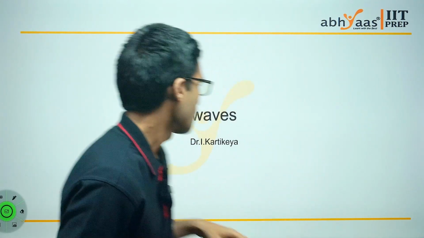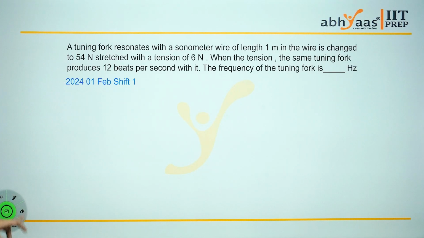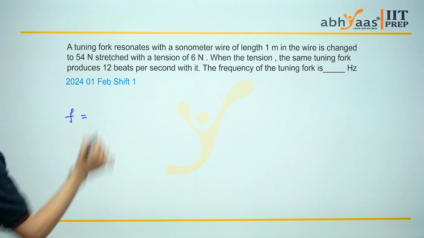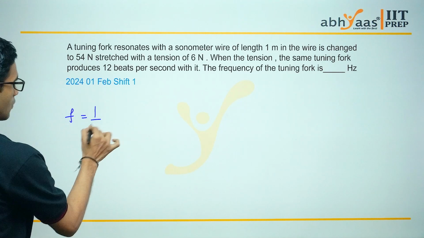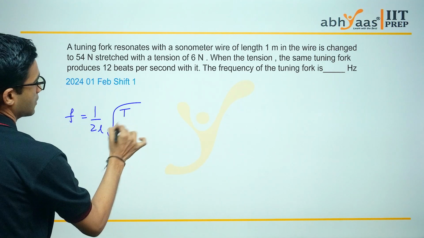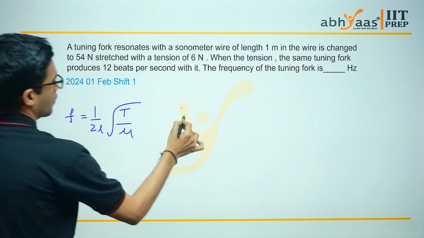See, in this question, a tuning fork resonates in such a way that we look at how the frequency depends on the tension. Frequency F equals 1 by 2L into root tension by mu. First case, tension is 54 newtons.